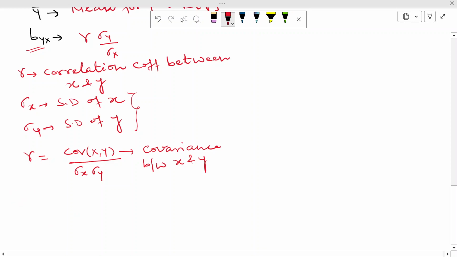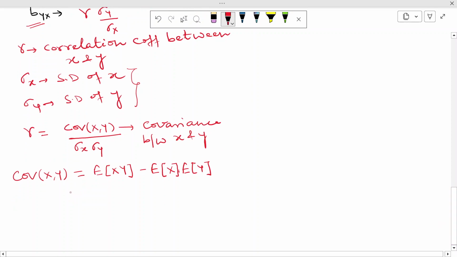In order to obtain this r, we need the covariance of x and y, and the covariance can be obtained using the expectation of xy, the joint expectation of the variables x and y, minus the multiplication of their individual expectations. So we have to find the joint expectation so that we can find this covariance of xy, and we can use this covariance to obtain the value of r.